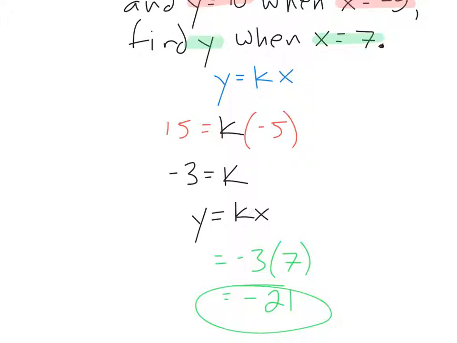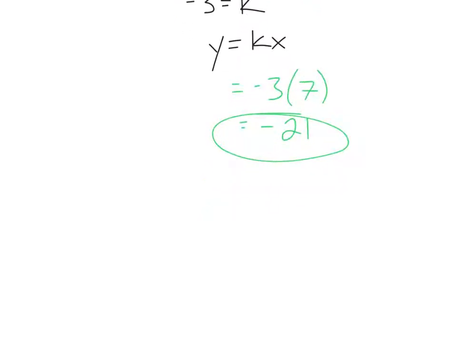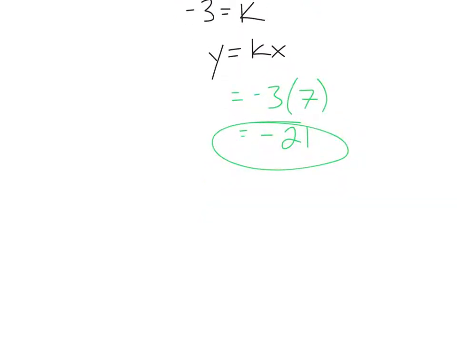More something. Okay. So, along with direct variation, we also have what is called joint variation. And this one reads in the following way.